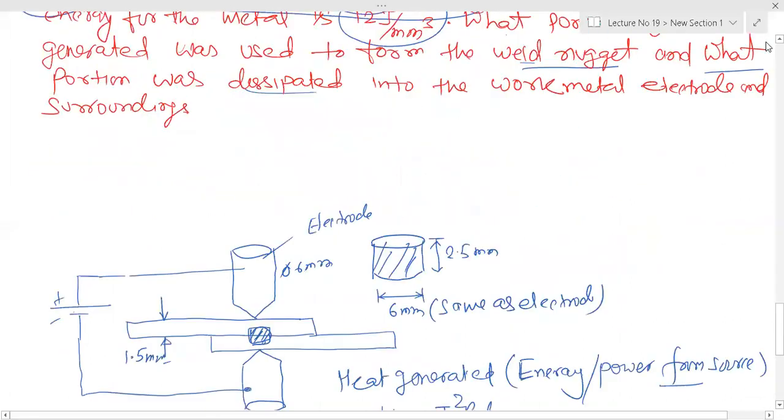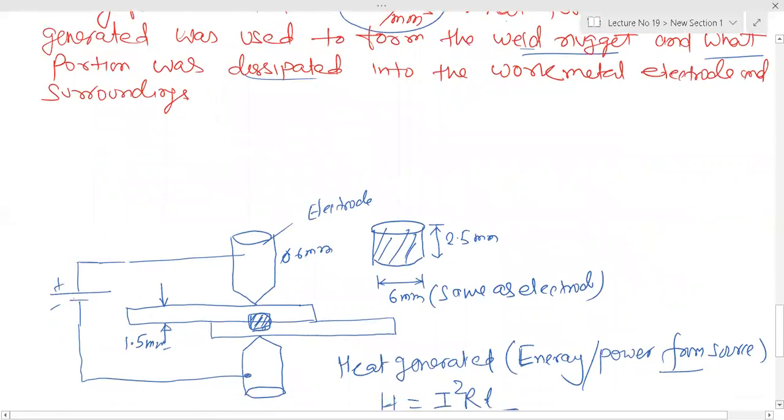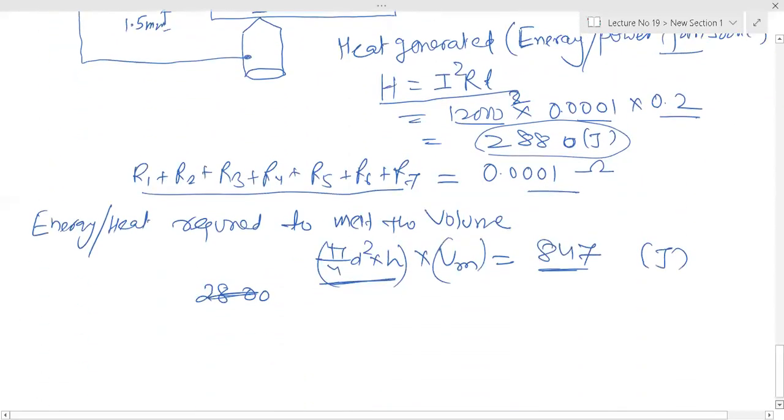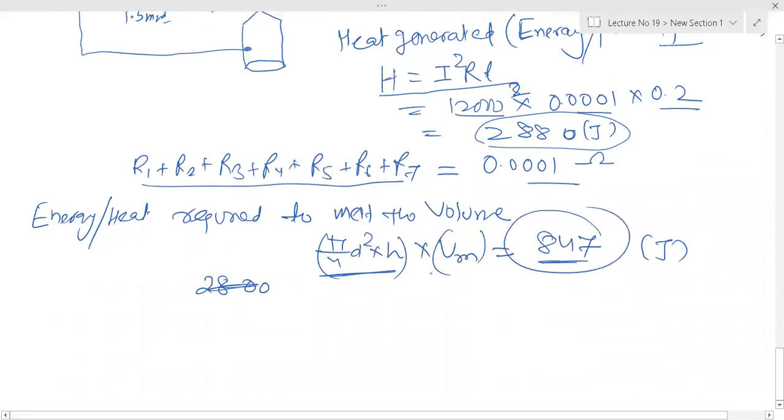So heat generated was 2880, and the heat used is 847 joule to form the nugget.